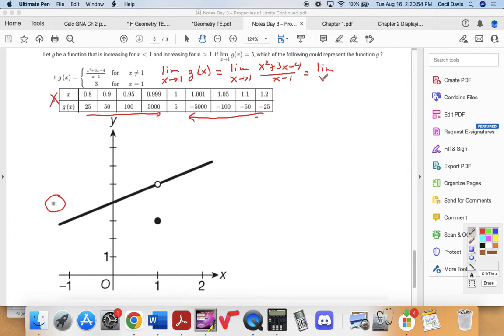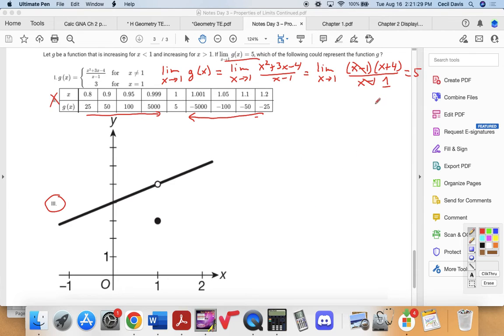So that's going to be the limit as x approaches 1 of, let's see, what would that be? x minus 1 times x plus 4 over x minus 1. Except at 1, this is the same thing as just x plus 4. So I can divide those out and replace that with 1. And that's 5.